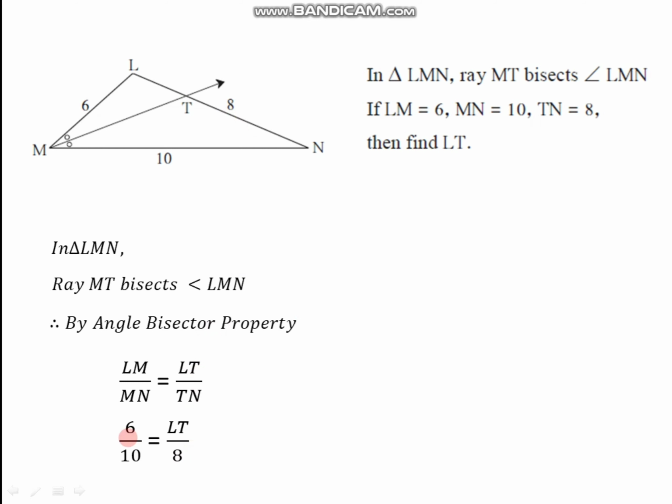Now if we transfer 8 to the left hand side, we get LT is equal to 8 into 6 by 10. Now if we simplify, to divide here by 2, we get 2 fours are 8 and 2 fives are 10. That is 4 into 6 by 5. Now we'll multiply numerators. 6 into 4, that's 24, divided by 5. If we divide 24 by 5, we get LT is equal to 4.8. So this is the length of segment LT.